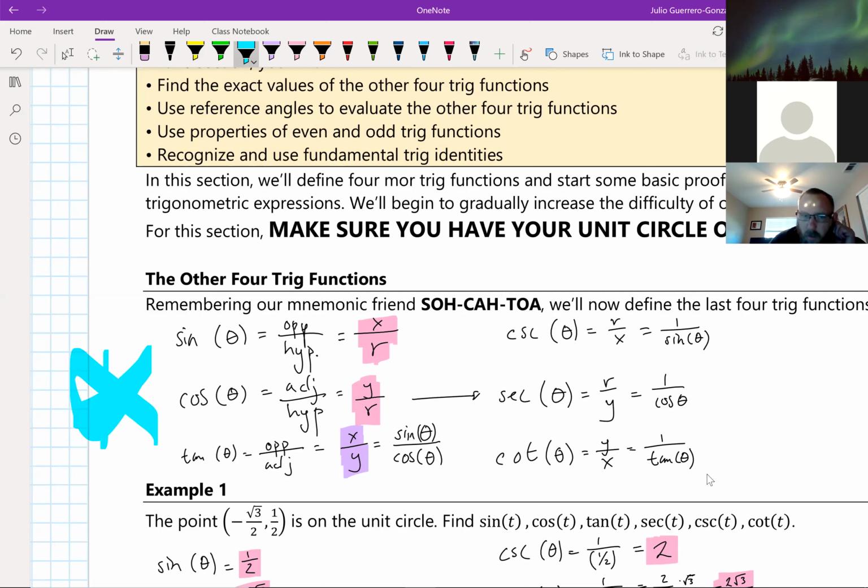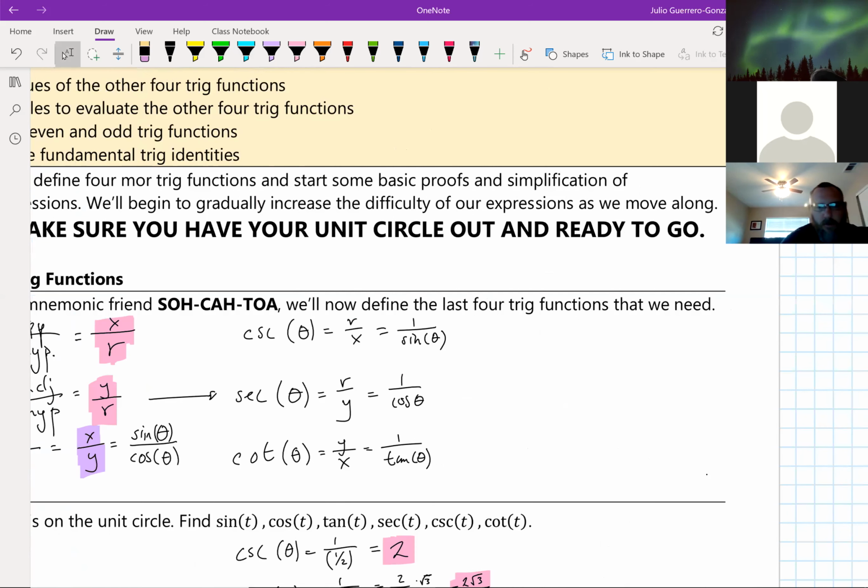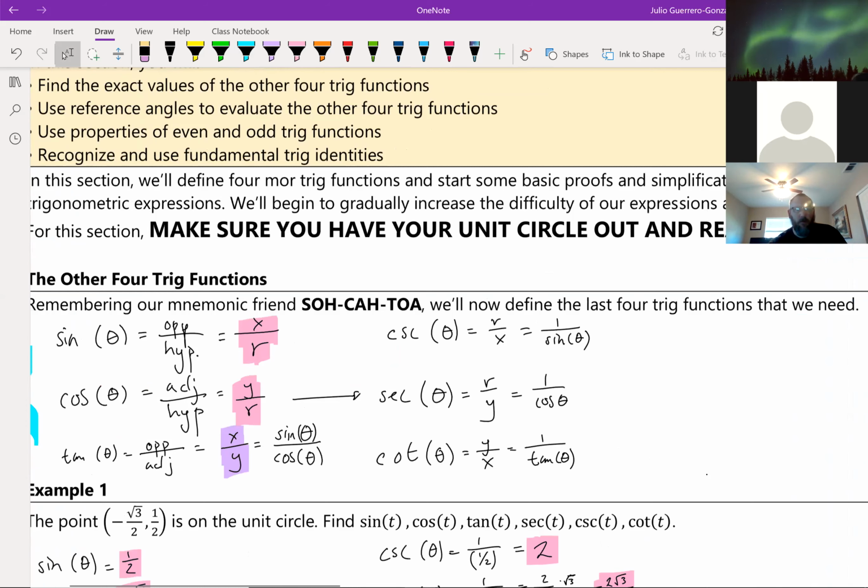They were the opposite over the hypotenuse if you had a triangle, and if you had it on a unit circle, they were the y divided by the radius of the circle, whatever that might be. The last 3 were cosecant, secant, and cotangent. They sort of matched up.